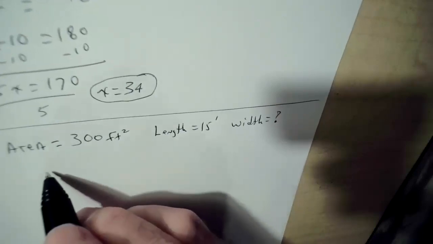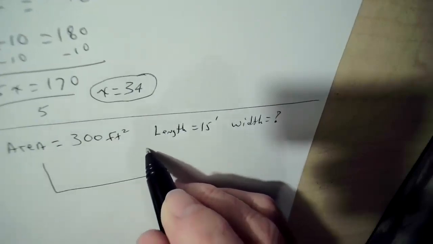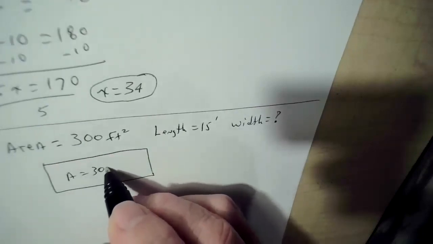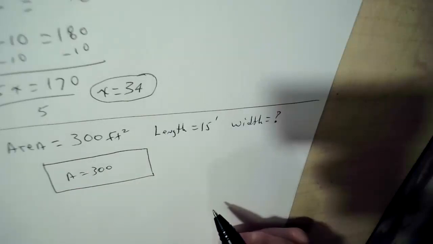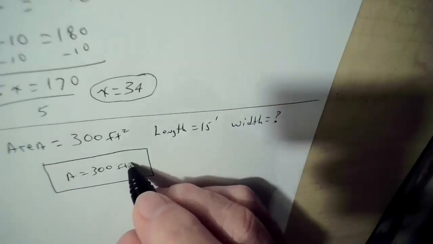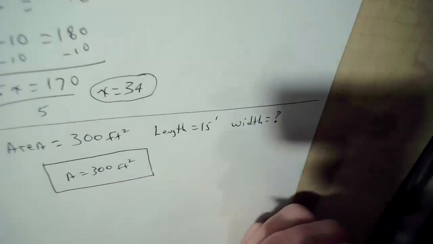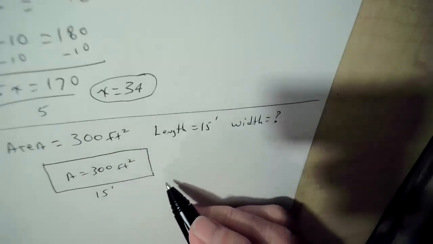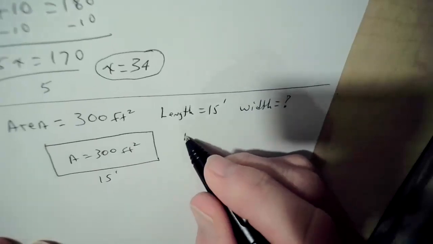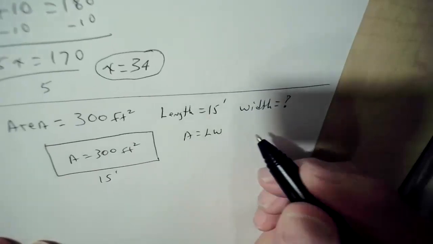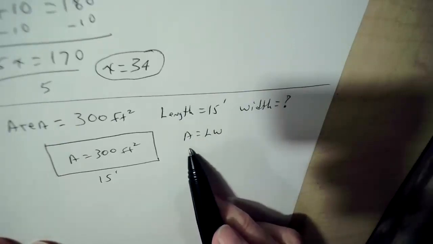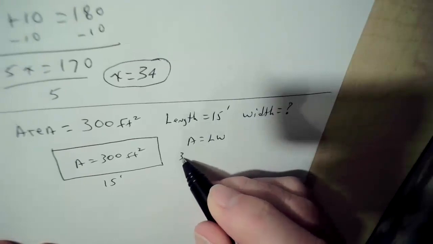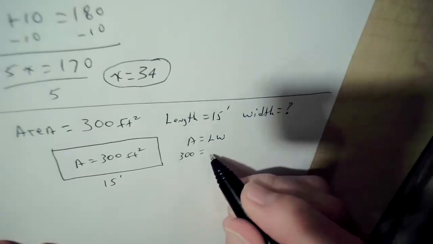Can y'all see that? Okay. Again, I have to draw pictures. Rectangle. The area is 300 square feet. The length is 15 feet. Now remember, the formula for this is area equals length times width. Plug in the numbers you know, solve for what you don't know.